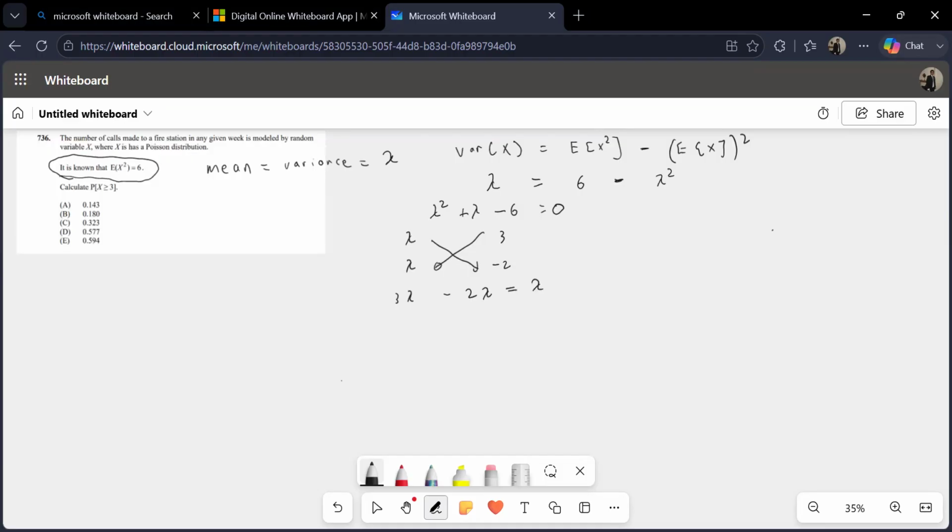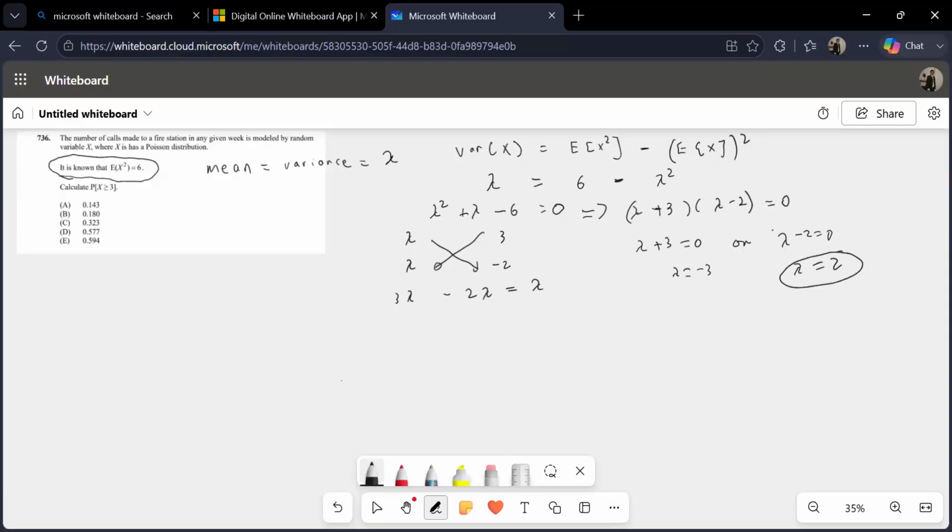So this quadratic equation can be factorized into lambda plus 3, lambda minus 2, equal to 0. So we can write lambda plus 3 equals 0, or lambda minus 2 equals 0. Lambda is equal to minus 3, or lambda is equal to 2.